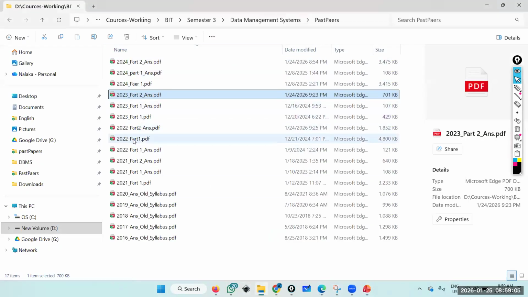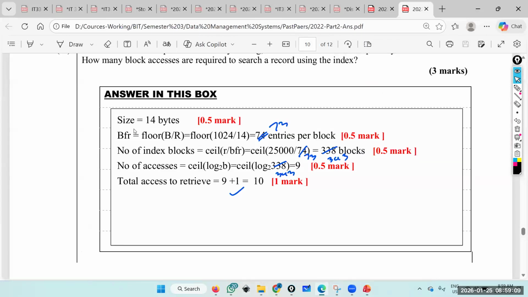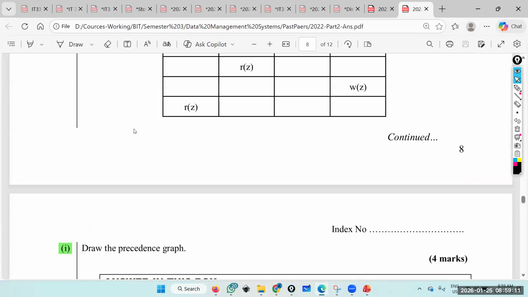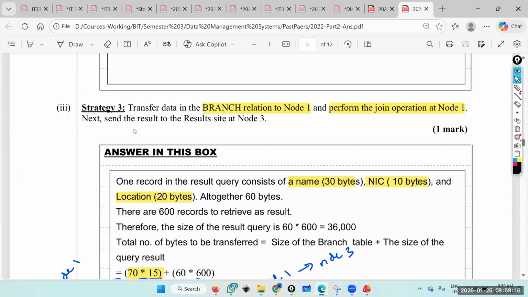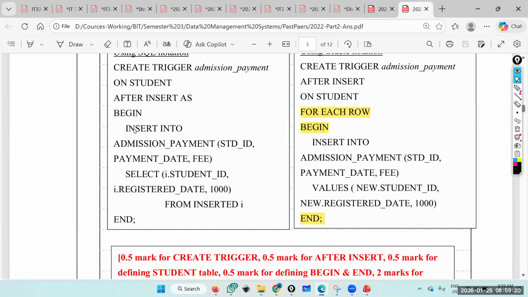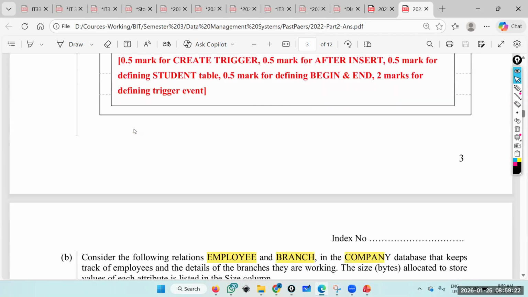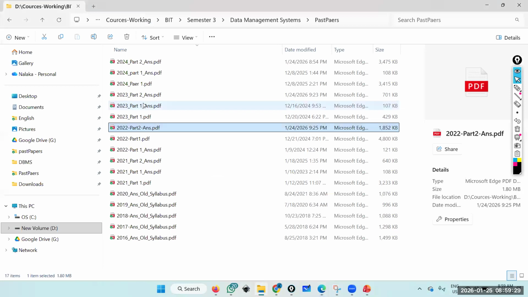Let's see, 2022. Not that, right? Maybe 2024.